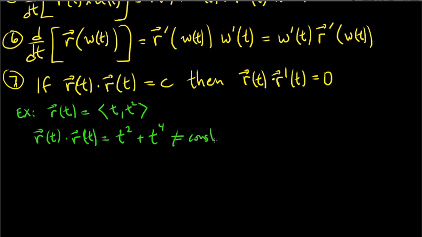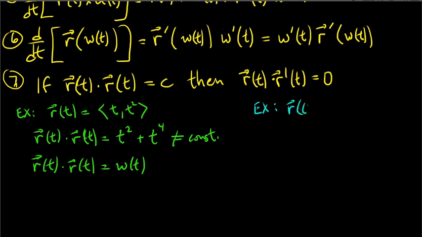This is not a C here, right? In general, what you're going to get when you take the dot product of R with itself is a scalar function, like t squared plus t to the 4th. So it will depend on t. Different t's give you different values. On the other hand, for other functions, let's go to another example.